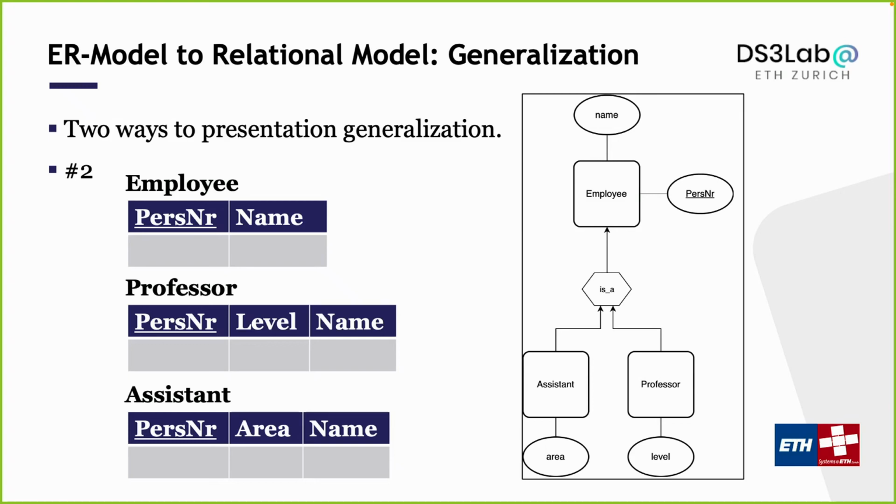For example, tell me how many employees that we have. In the first design, when you have this common table containing all the information about employees, you can just do one aggregation on that relation, and you get all the employees.